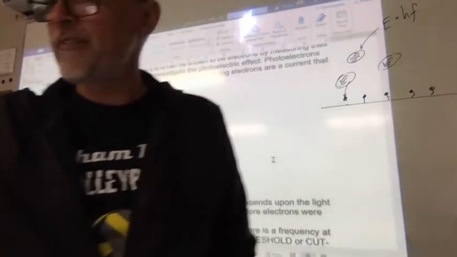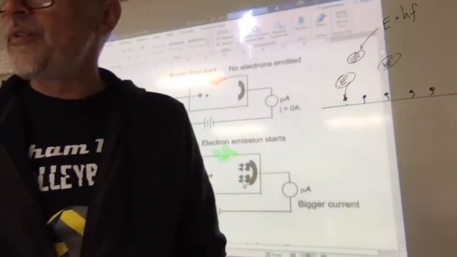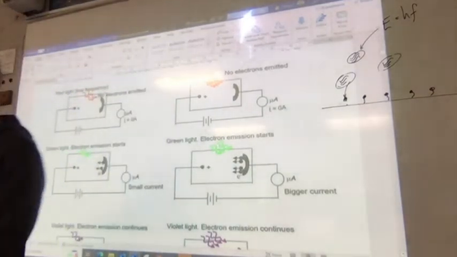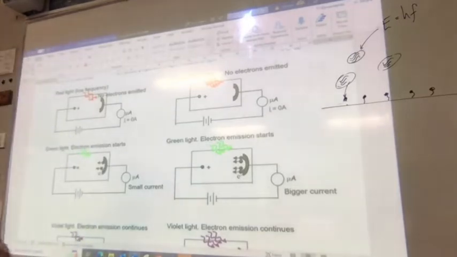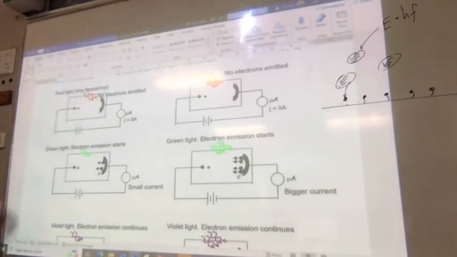All right, so if I move through here, this page is trying to get you to realize what's important to the photoelectric effect and what is not. Over here, red light, low frequency, no electrons emitted.